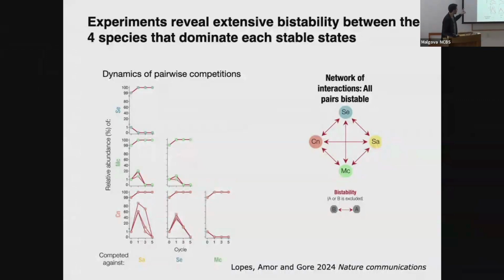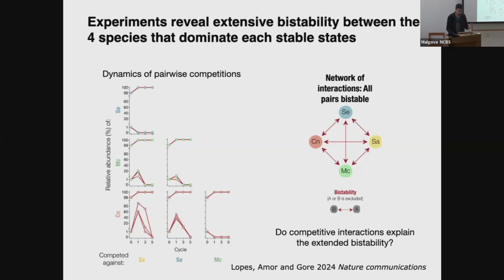And now we have bistability between any pair of species. And what we ask next is whether we will have competitive interactions explaining this kind of bistability.